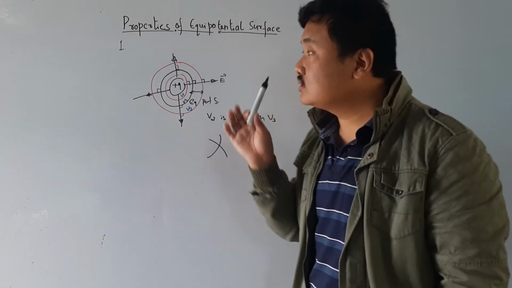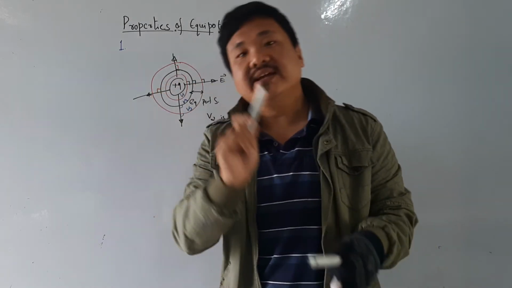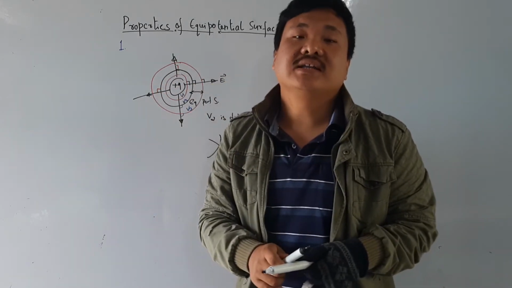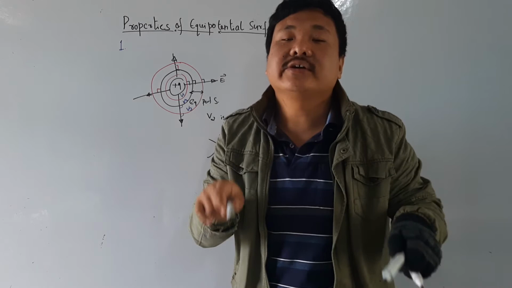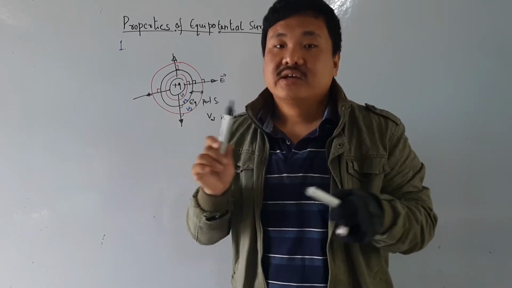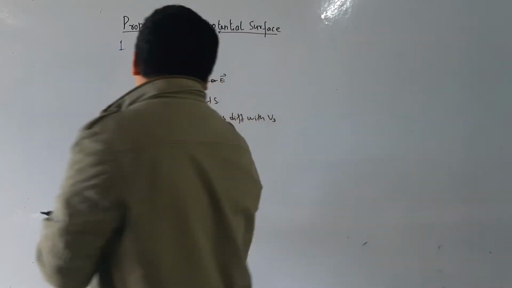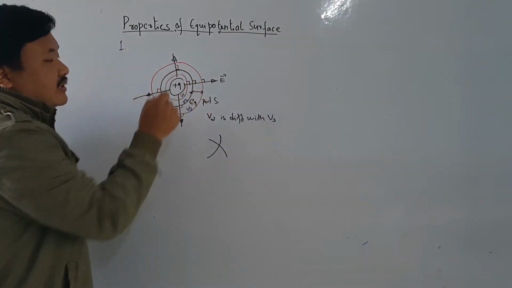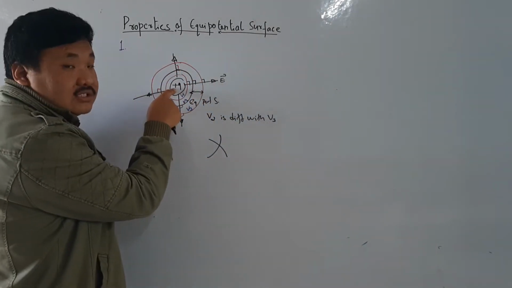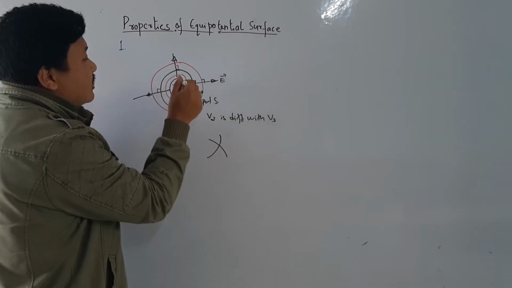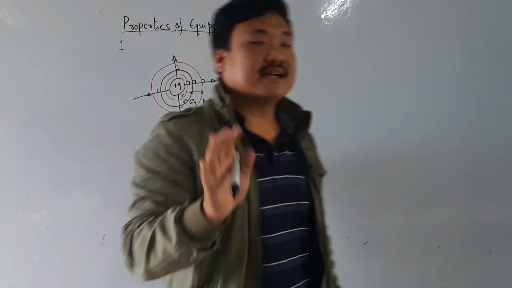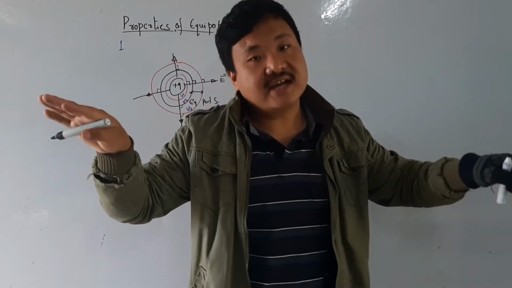Number two reason is that if they intersect, they will violate the geometry of equipotential surface. What is the geometry of equipotential surface for an isolated charge? It is concentric spheres, and it has to be concentric spheres all the time.